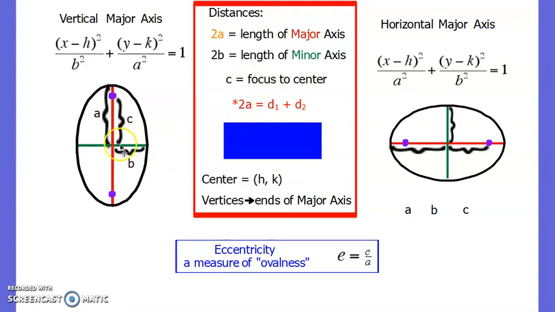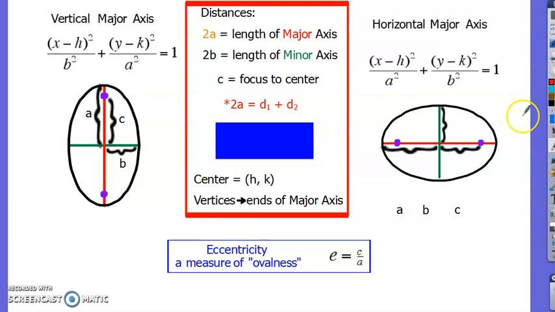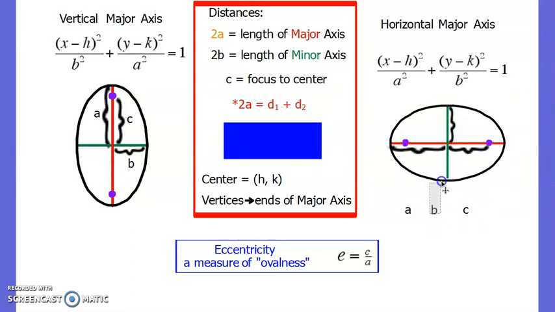And c, again, is center to focus. 2a would also be that distance d1 plus d2. Let's take a look at that when we go over to this side, because that b value is going to be half of our green line.